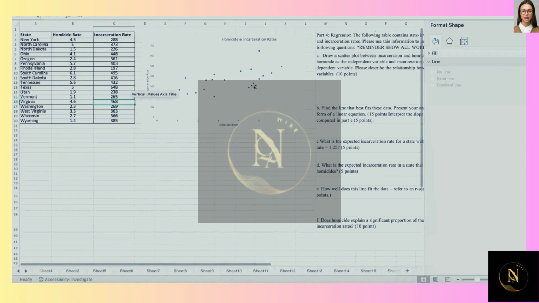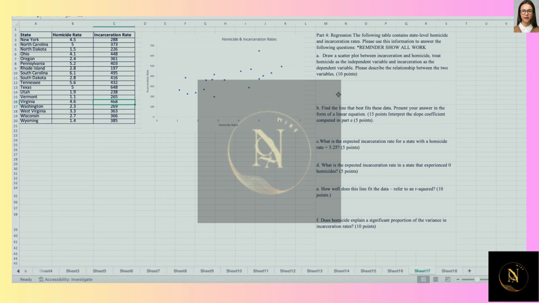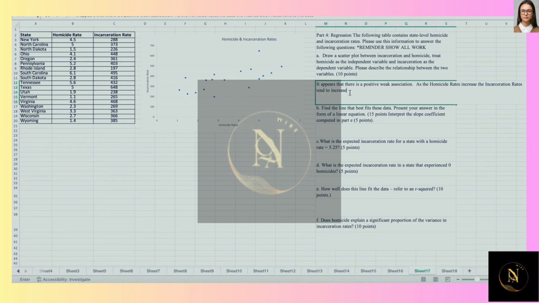And it appears that there is some type of a weak positive association, which means that as the homicide rates increase, the incarceration rates tend to increase.